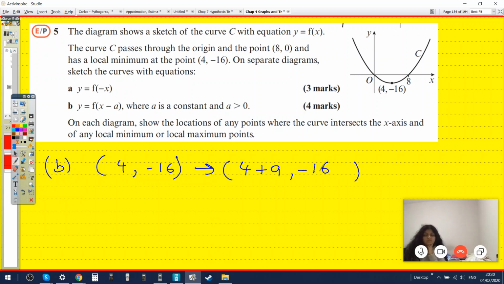Yes, so that'll be 4 plus a. So as long as you sketch something like that, where the minimum is 4 plus a and minus 16. And how about the 8? I believe so. 8 plus a, 0.